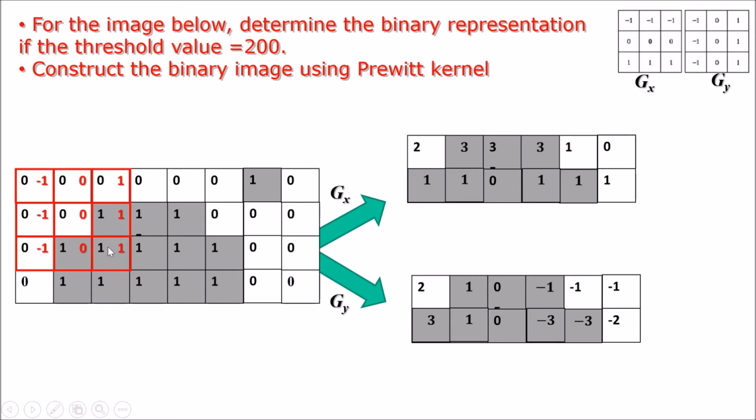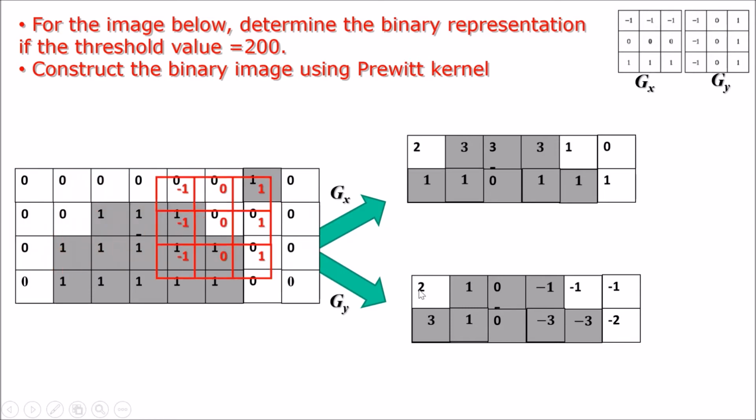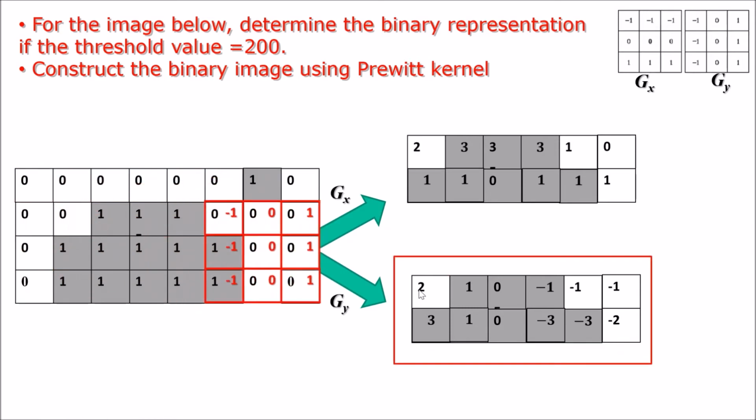Everything here is equal to 0. So this is 1, 2, so you have the output of 2. We will repeat the whole process until you get the output response that corresponds to the GY. So we have calculated the gradient in terms of the GX direction and then the GY direction.